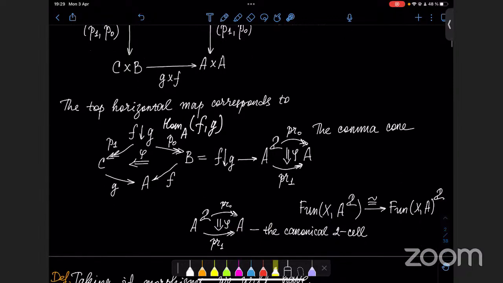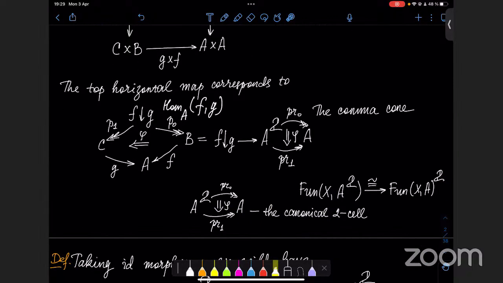Okay, and this I recall. What does it mean that this 2-cell is the canonical 2-cell? It means that we have this isomorphism, by the definition of this cotensor product, such that this holds.